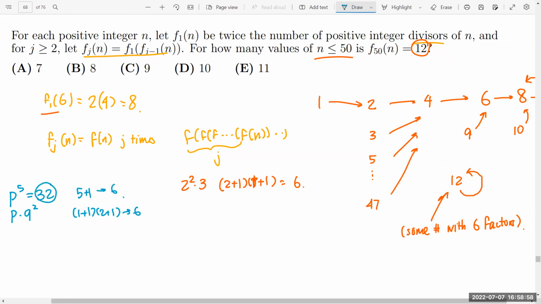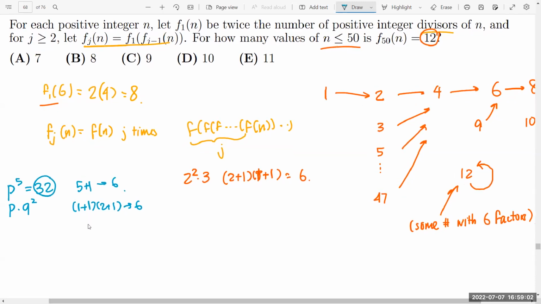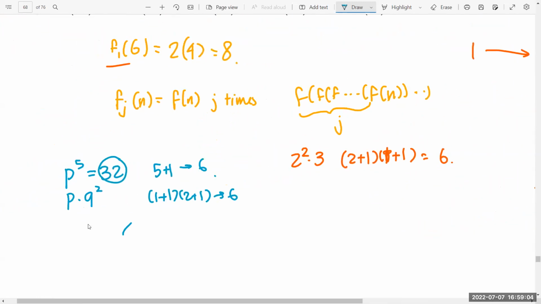For p times q squared, we can make a table of p, all possible q, and the actual numbers. So 2 could go with 3, which makes 18, and I think that's it.